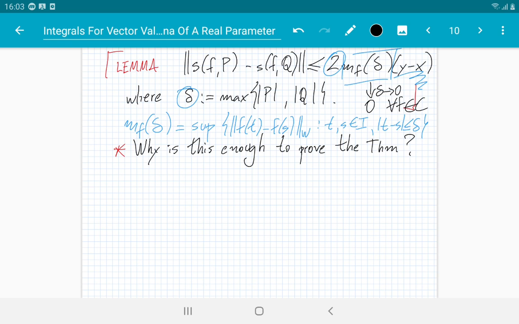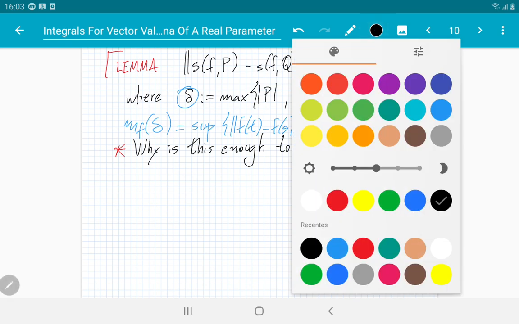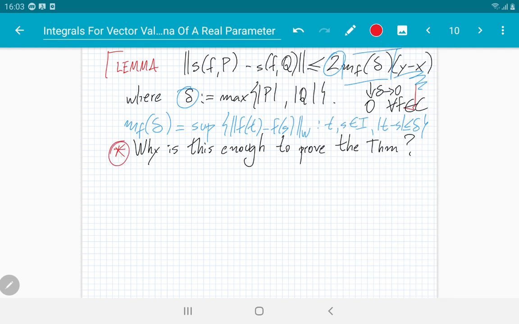How do we make this precise? We're actually going to show that this lemma is enough to prove the theorem. And how do we do it?